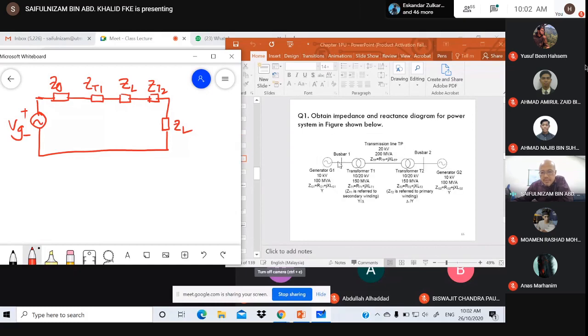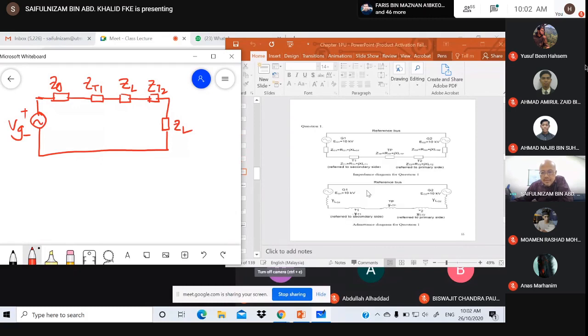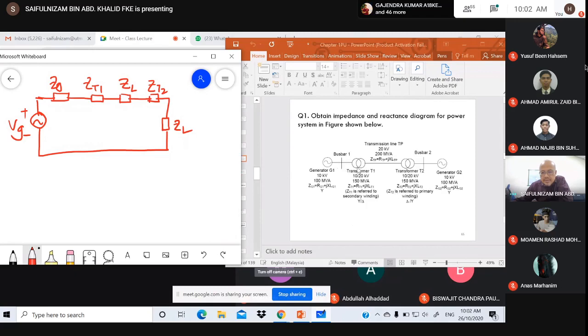This one is the same. Obtain the impedance reactance diagram. So this is the impedance diagram. In this case, we have two generators. So you can draw the impedance. Better to use the reactances, since you want to analyze the circuit based on the reactance, ignoring the equivalent circuit.